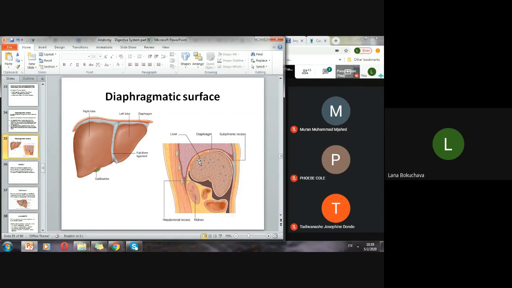But in the case of the liver, as you can see particularly here, the liver itself is an intraperitoneal type of structure. Why?